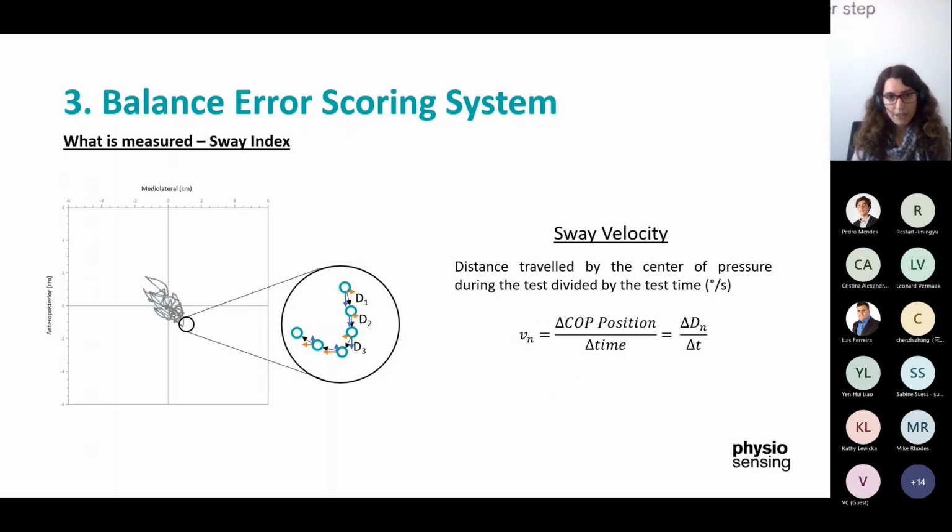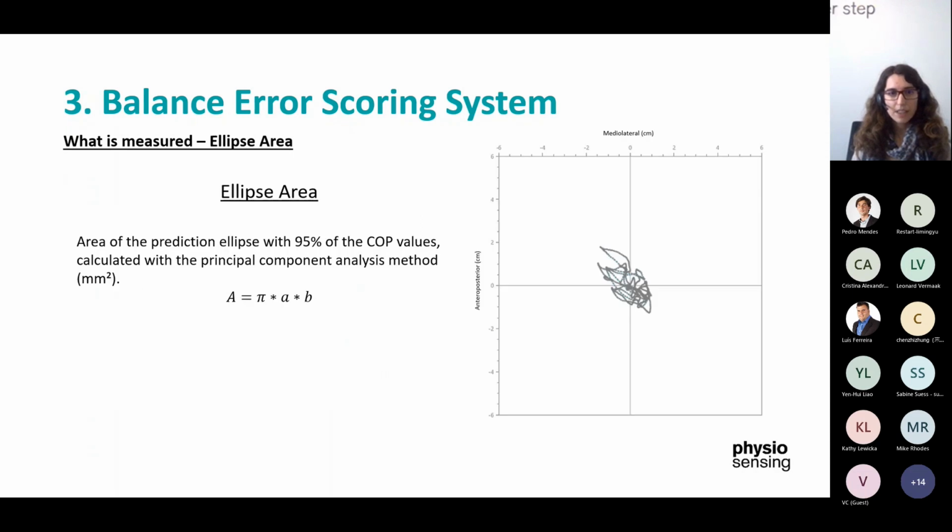And at last, we have the ellipse area. The ellipse area is the prediction ellipse with 95% of the center of pressure values, calculated using the principal component analysis method. Very briefly, just to explain what this method is, it is a dimensionality reduction method to reduce the dimensionality of a dataset while preserving as much variability as possible, meaning as much statistical information as possible.